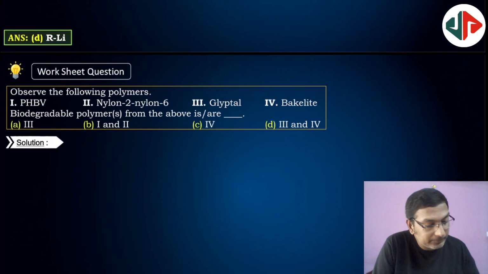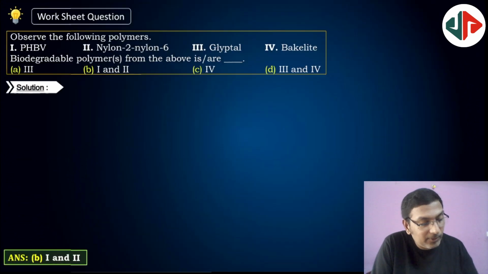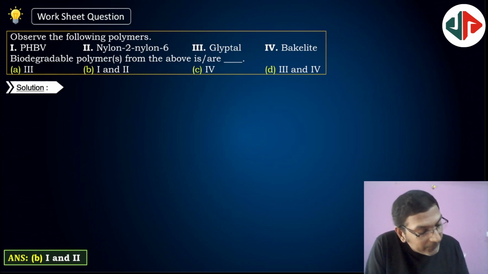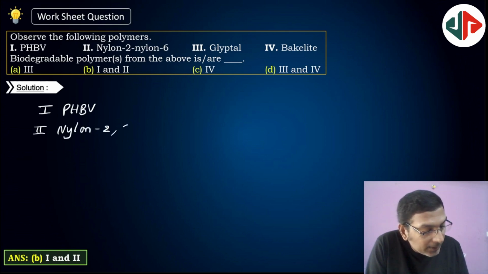Next. Observe the following polymers. So among these, biodegradable polymers are, that means first PHBV and second nylon 2,6.